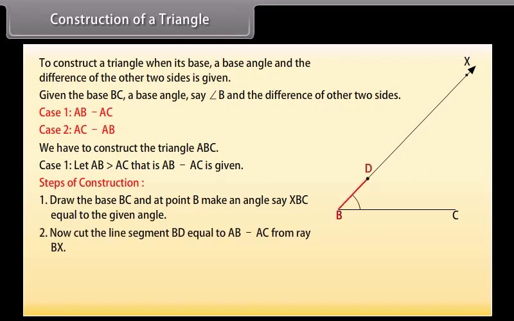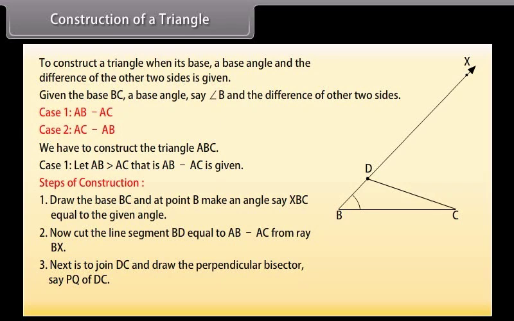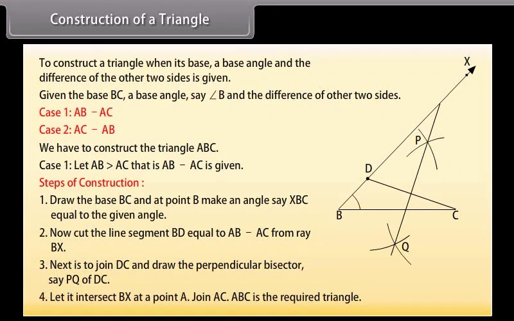Now cut the line segment BD equal to AB minus AC from ray BX. Next is to join DC and draw the perpendicular bisector, say PQ, of DC. Let it intersect BX at a point A. Join AC. Then ABC is the required triangle.